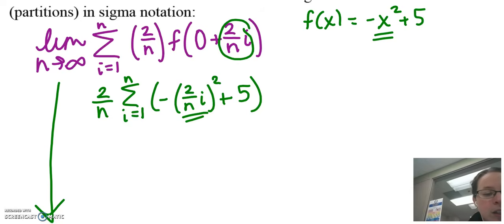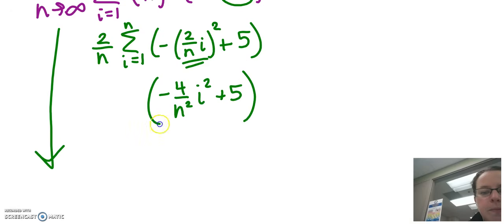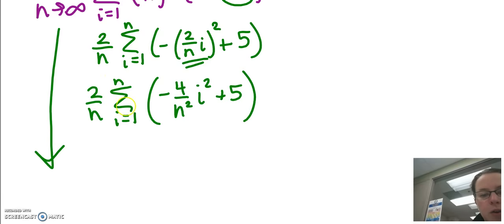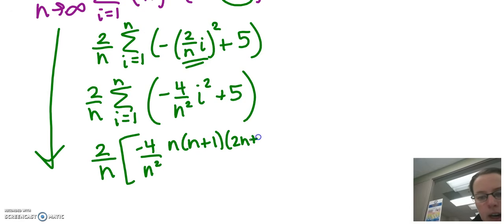This then is the stuff we've been working on. So this will become negative 4 over n squared i squared plus 5. We know from our summation formulas that 2 over n, this will become negative 4 over n squared, and then this becomes n times n plus 1 times 2n plus 1 all over 6 plus 5n.